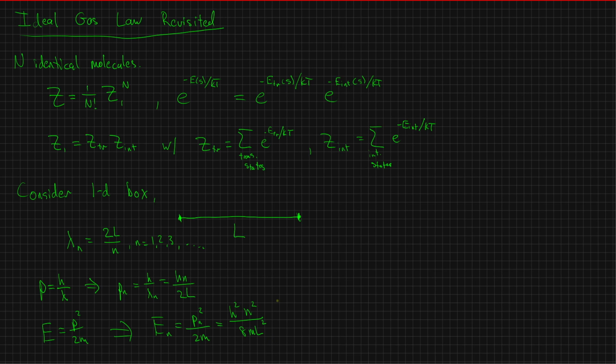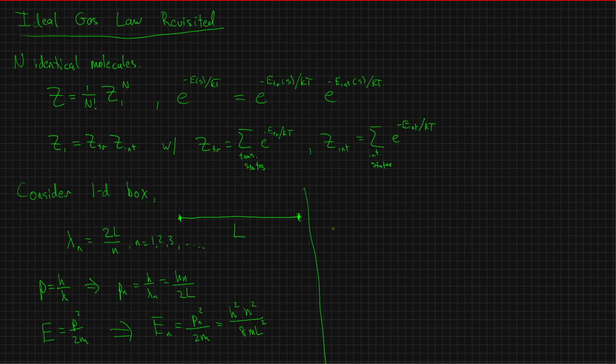All right. So let's take this 1D box model and think for the moment that our ideal gas just lives in a 1D box. I mean, we always talk about our ideal gases enclosed in some volume V. So that's three-dimensional. Let's just think of it as being one-dimensional for the moment and apply this result.